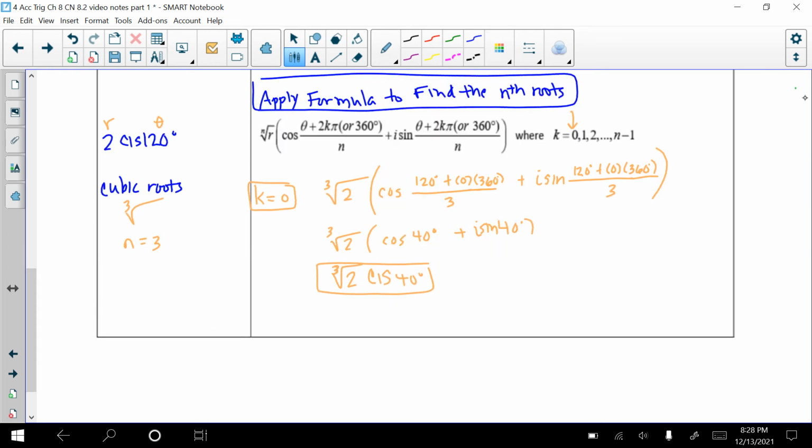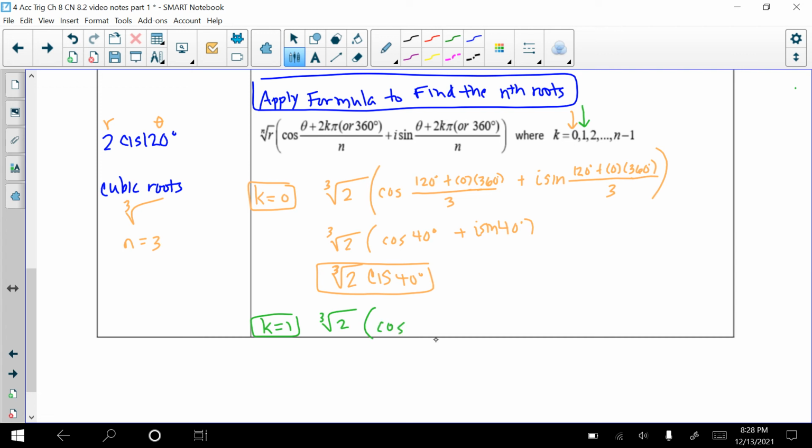All right. We have to go through and use this formula 2 more times, so we have a total of 3 roots determined. The next time, I just go sequentially, letting k equal 1. That's the only update. Everything else will remain the same. So recopy cube root of 2. Open your parentheses.